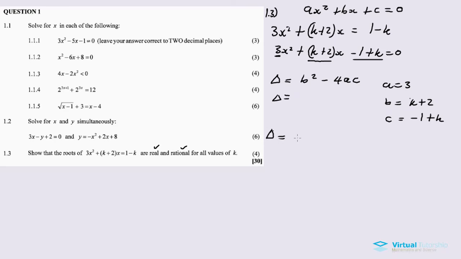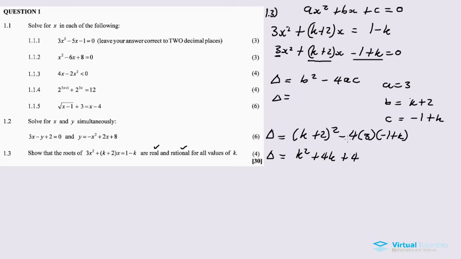So b is k plus 2 squared, minus 4 times a, which is 3, times c, which is negative 1 plus k. Then we simplify. Here I get k squared, 2 times k is 2k, times 2 is 4k, plus 4. You can just do it the old-fashioned way, where when the brackets are two, you multiply using the FOIL method.